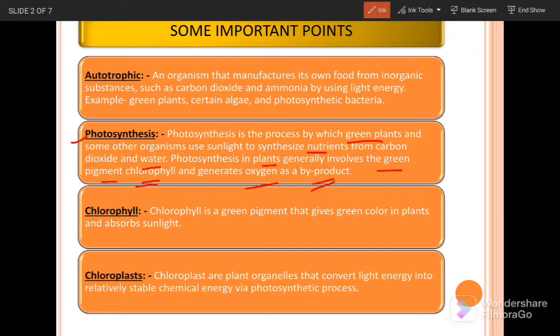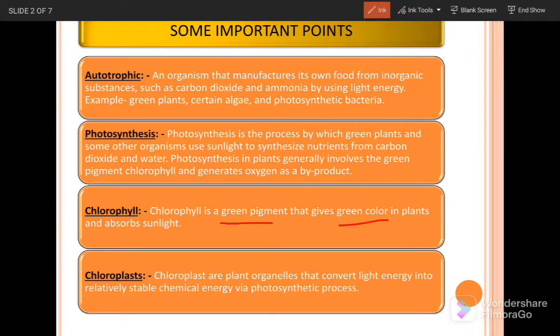Now chlorophyll is a green pigment. In photosynthesis, plants use this green pigment, and then the photosynthesis occurs and oxygen is generated. Chlorophyll is a green pigment that gives green color to the plant and absorbs sunlight.